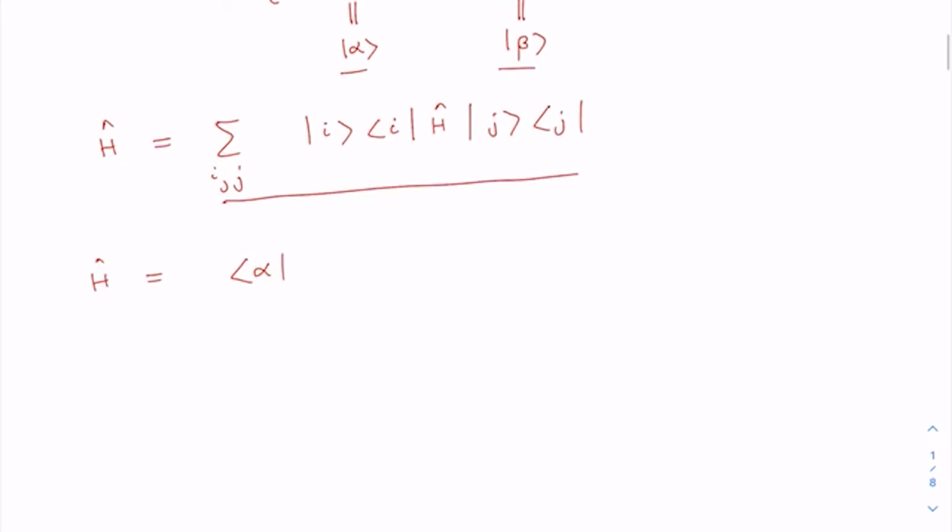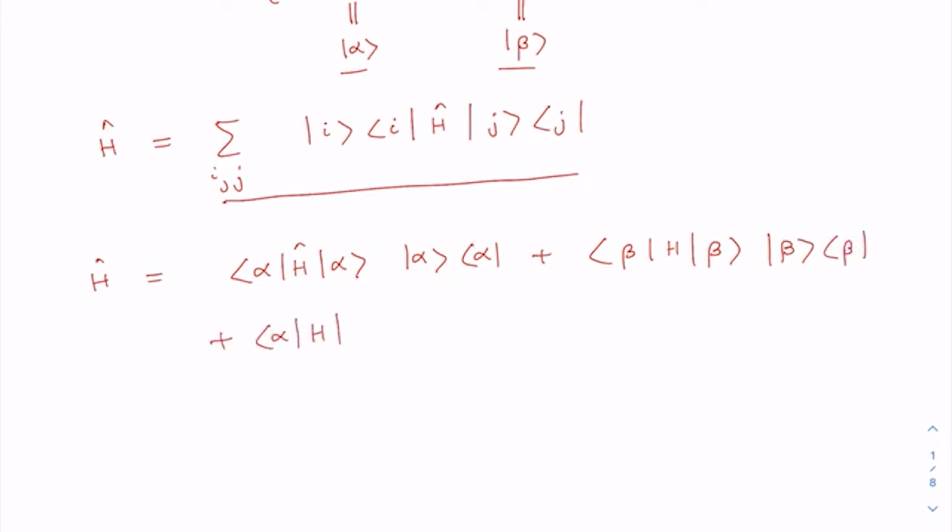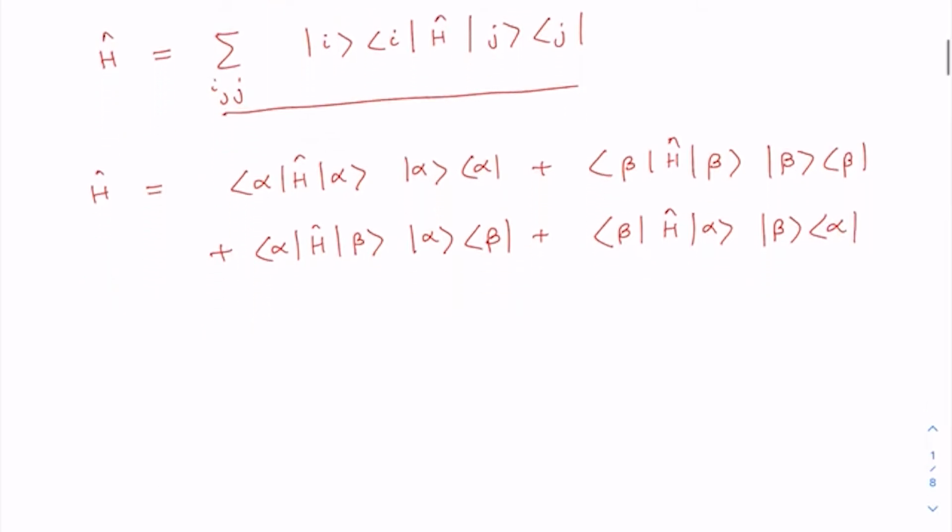We'll have <alpha|H|alpha> ket alpha bra alpha, then <beta|H|beta> ket beta bra beta, then <alpha|H|beta> ket alpha bra beta, and <beta|H|alpha> ket beta bra alpha. So this is what we will have.